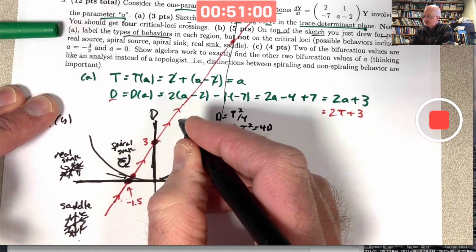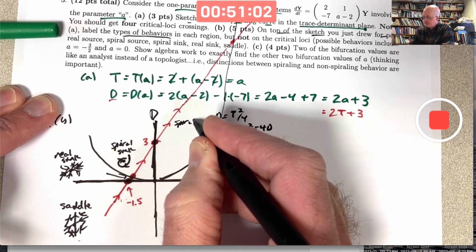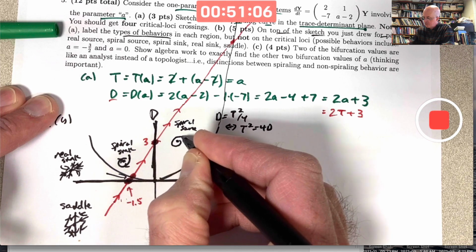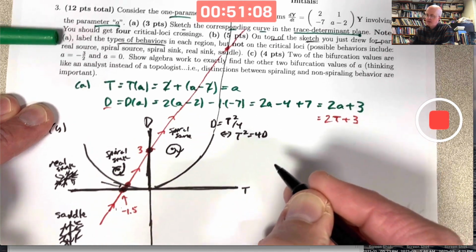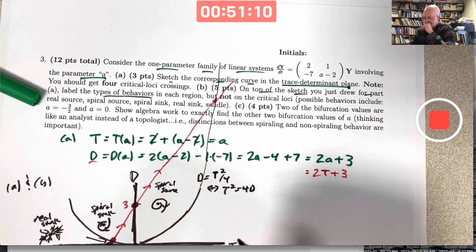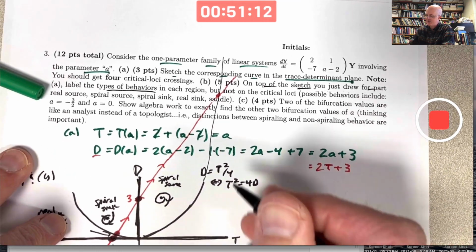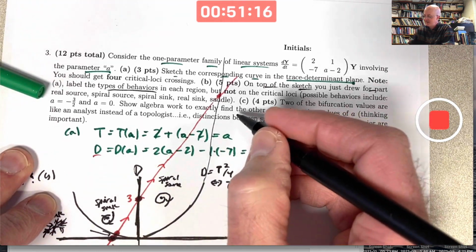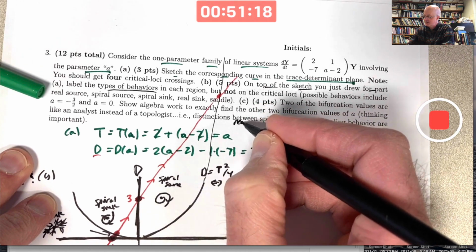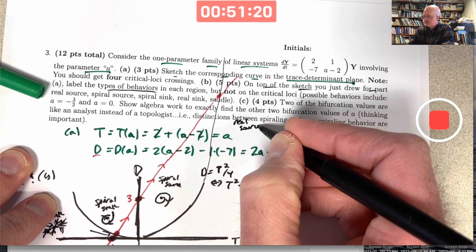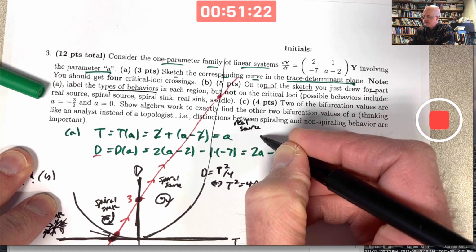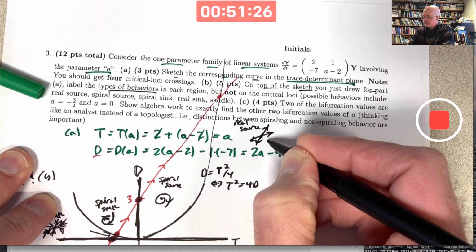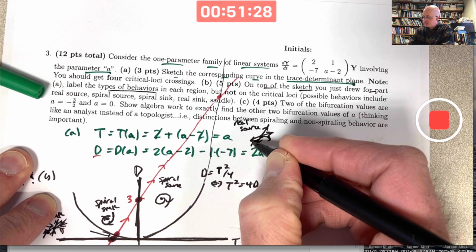Over here, it's going to be a spiral source. And up here, okay, if this were an exam, I'd maybe redraw this. It's going to be a real source. Say something like this. Generic kind of picture.